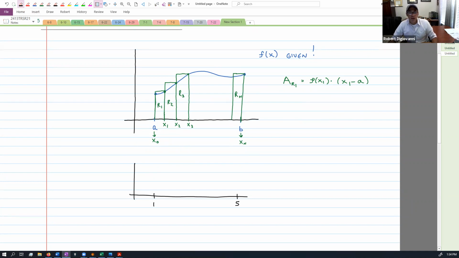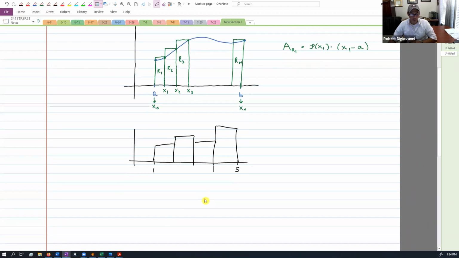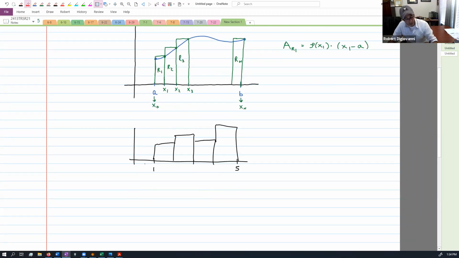And let's say I cut that into 4 rectangles, whatever they are. If I cut those into 4 rectangles, how wide are each one of these? 1. Okay. Do y'all understand what I'm saying? If I do this into 4 equal ones, this is 1, this has got to be 1, this has got to be 1, this has got to be 1. Yes?